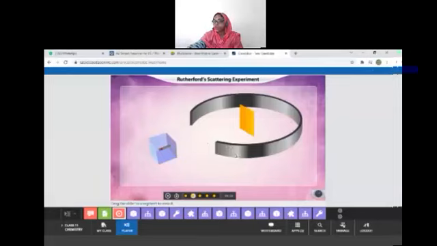When the alpha radiation falls on the zinc sulfide screen, scintillations are observed at that point, and based on that they predict what has happened to the alpha radiations. Let's see that one by one.